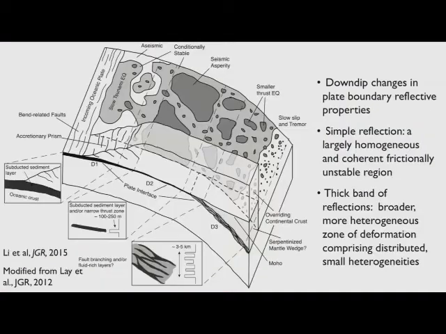And so from comparing with seismic behavior as we know it, and with other constraints we have on how the plate boundary is behaving, we imagine that as a broadening of deformation, which looks like it happens where the plate intersects the forearc mantle wedge. Associated with these changes in properties, we see changes in seismicity.